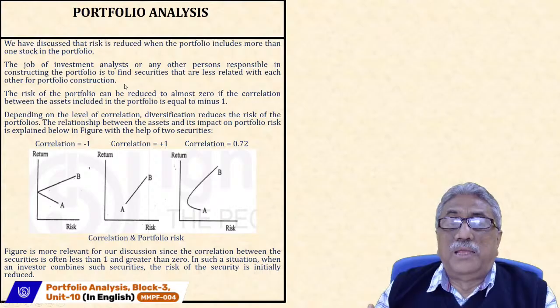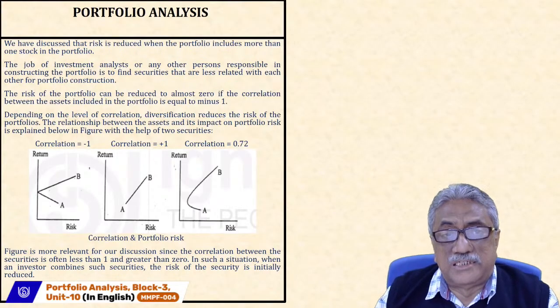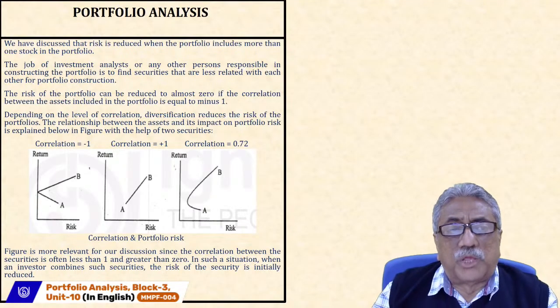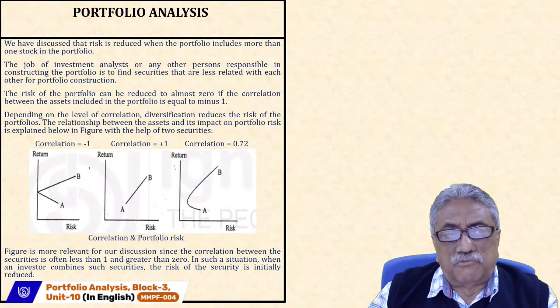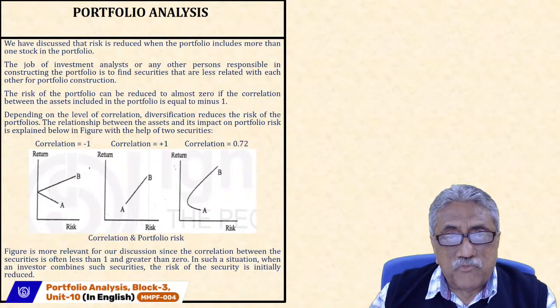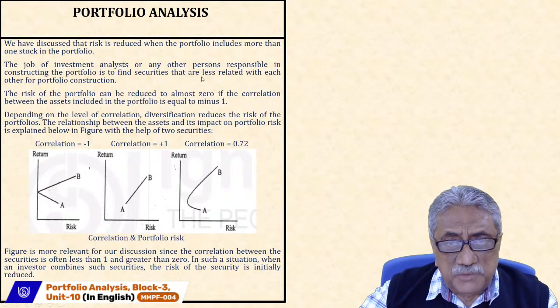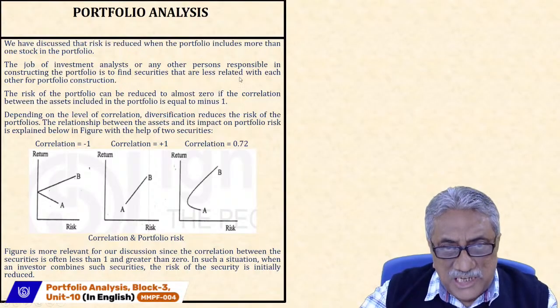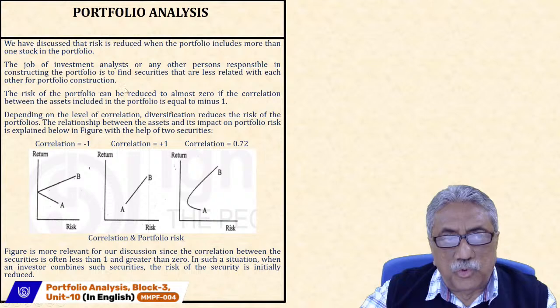So if I buy a company like ICICI Bank, I may think, okay, let me buy something like Hindustan Lever, which makes regular, essential goods that people will keep buying. So I check the relationship with each other and then I buy that portfolio.